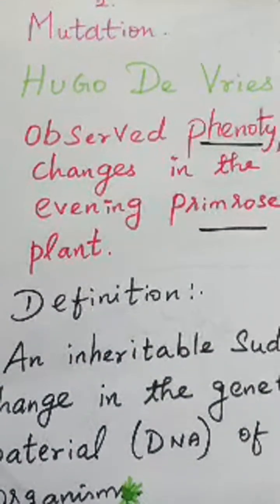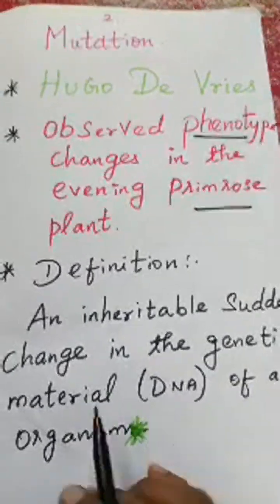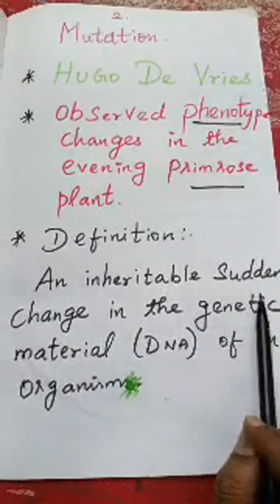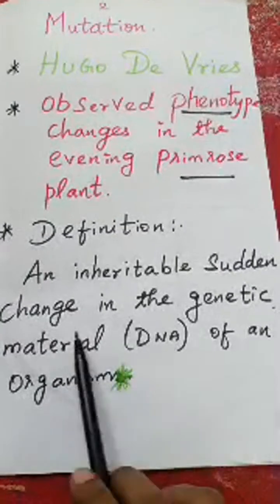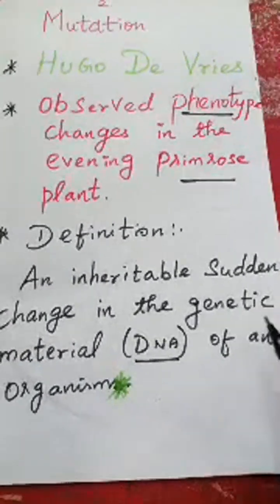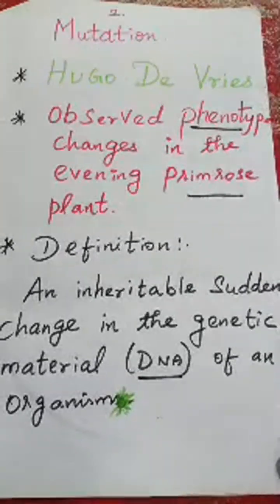Understood? So now, what is the definition of mutation? It is an inheritable sudden change in the genetic material. What is the genetic material? DNA. So we are concentrating only on DNA in our class.